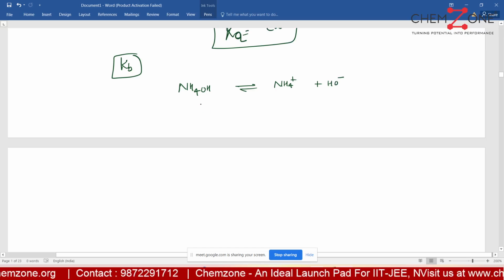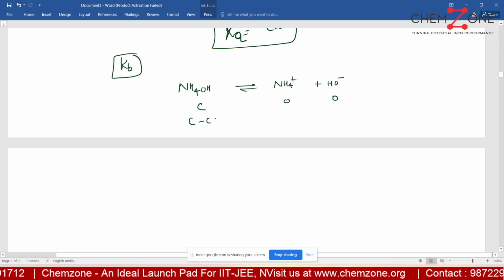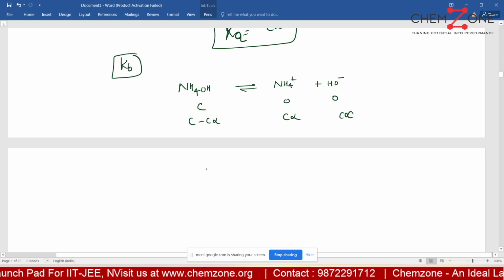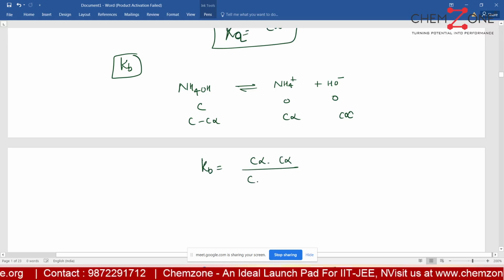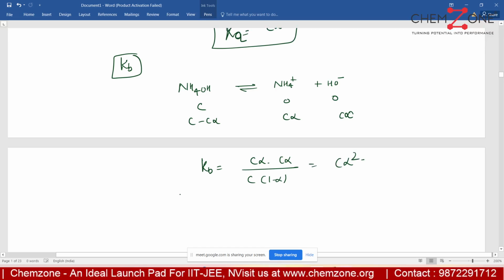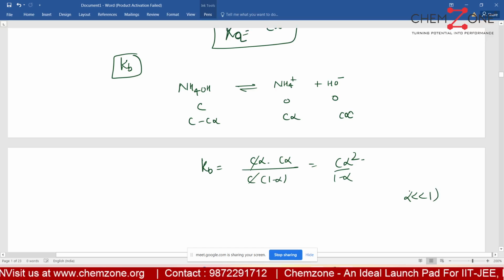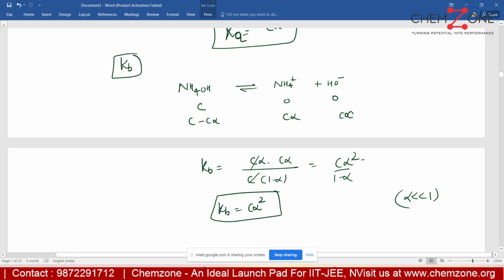C0, C minus C alpha, it will be C alpha, it will be C alpha. Now Kb is equal to C alpha into C alpha upon C into 1 minus alpha. Again, the result will come out to be the same. C is cancelled. 1 minus alpha, if alpha is much less than 1, then Kb is equal to C alpha square.